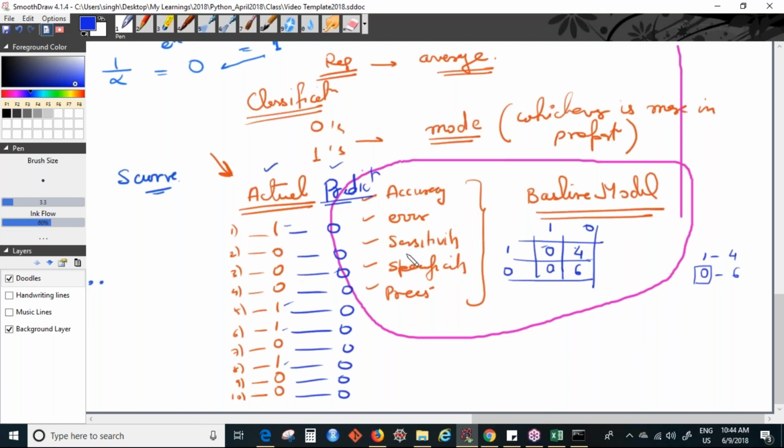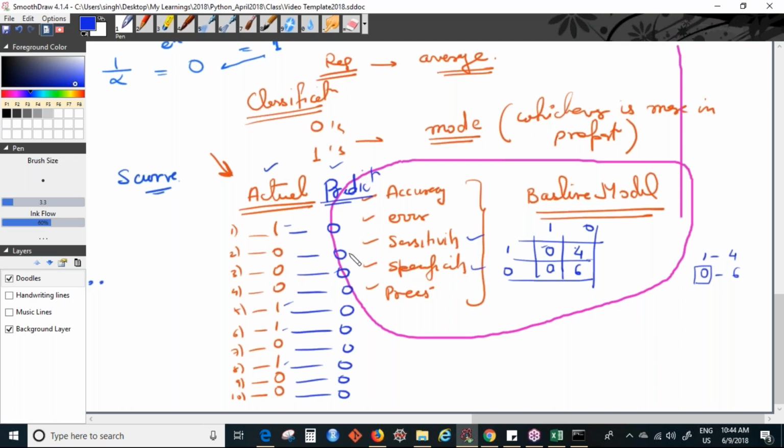Sensitivity is how many ones out of total actual ones are you identifying. So you notice I am not identifying even a single one because I am predicting all zeros. So sensitivity is 0. Specificity is how many zeros out of all actual zeros are you correctly identifying.